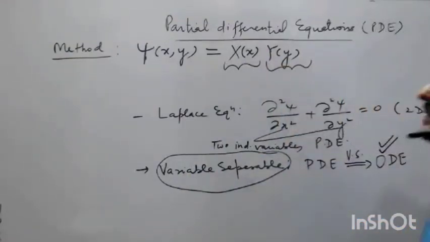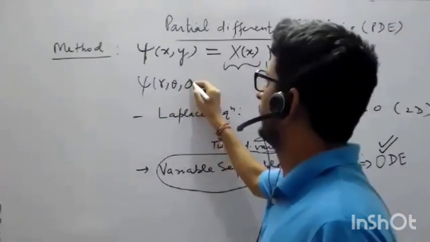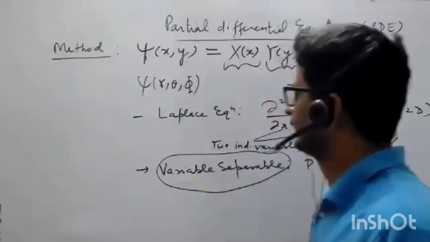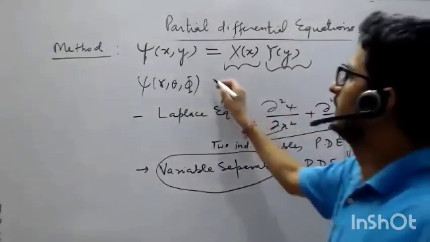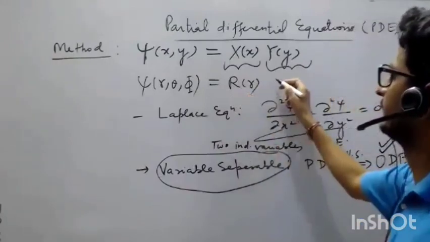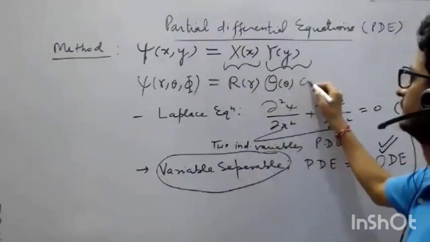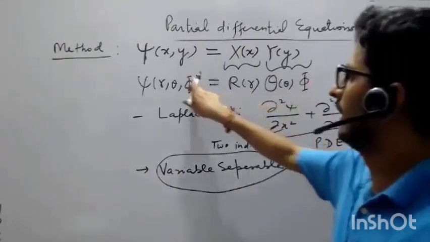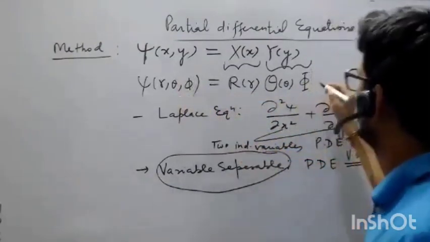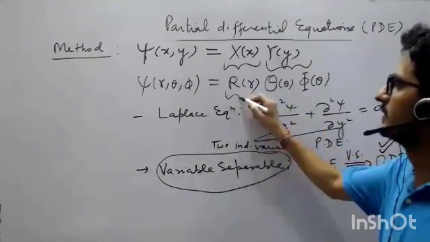So suppose psi is function of r, theta and phi. So what you have to do is you have to write it separately as function of r, function of theta and function of phi. Okay, so this is capital theta, capital R and capital phi. This is only function of small r.